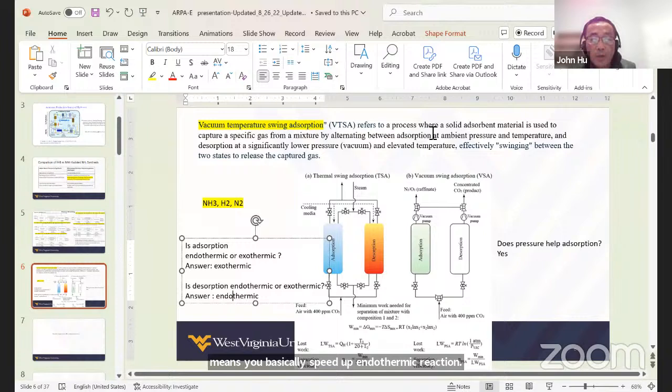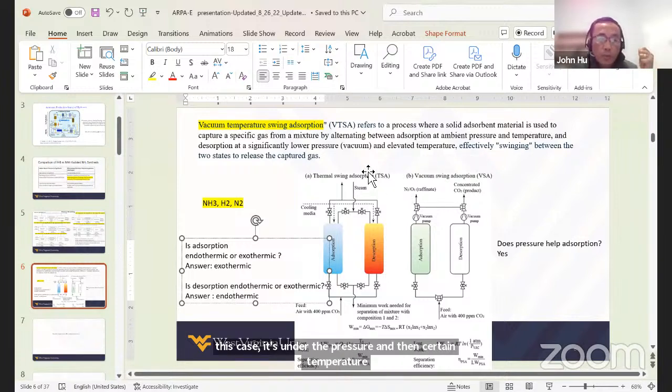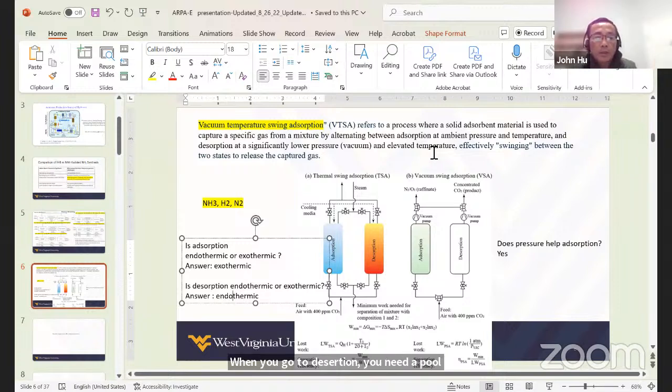And then put a vacuum to help the molecule release. So basically adsorption in this case is under pressure and a certain temperature. When you go to desorption, you need to pull vacuum and also increase the temperature. Make sense? This is the whole idea of vacuum temperature swing adsorption.